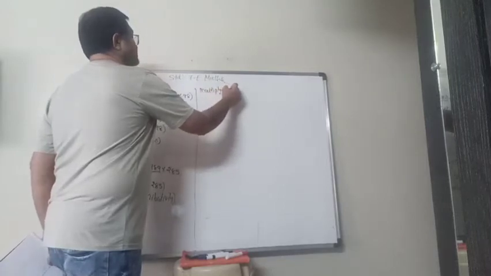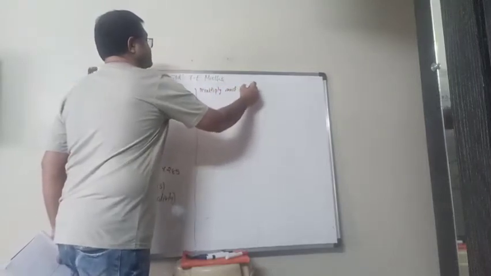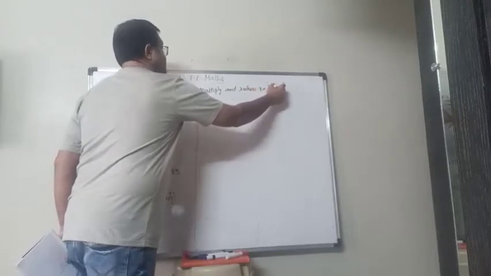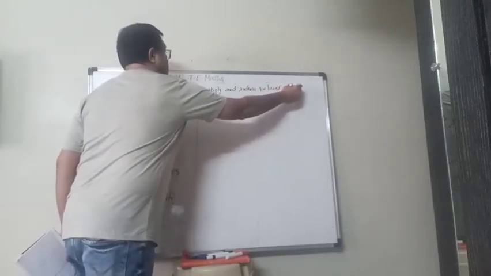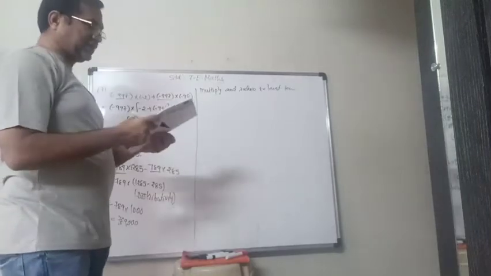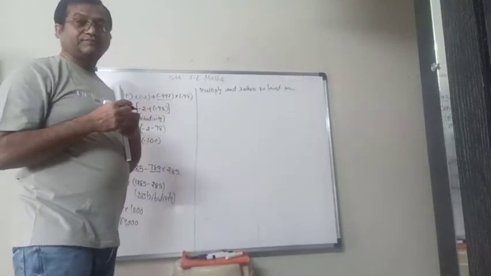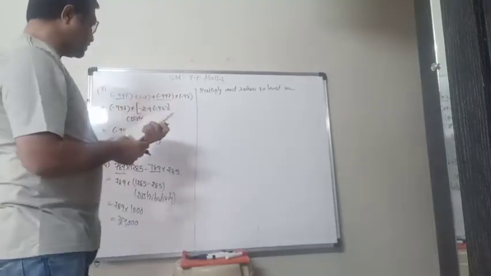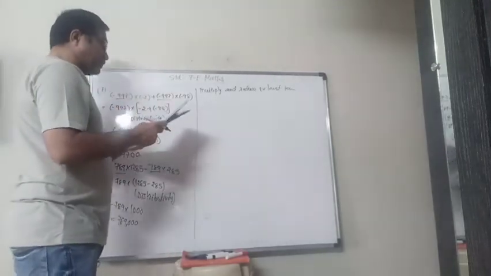Multiply and reduce to lowest term. It means that when you multiply, after that, if it is not in the simplest form, you have to convert it into simplest form.